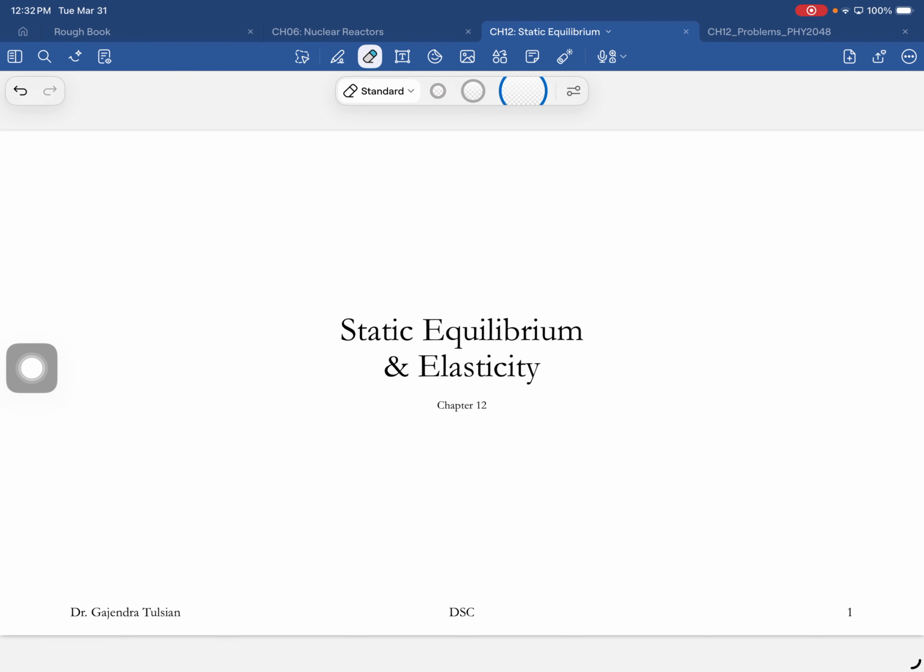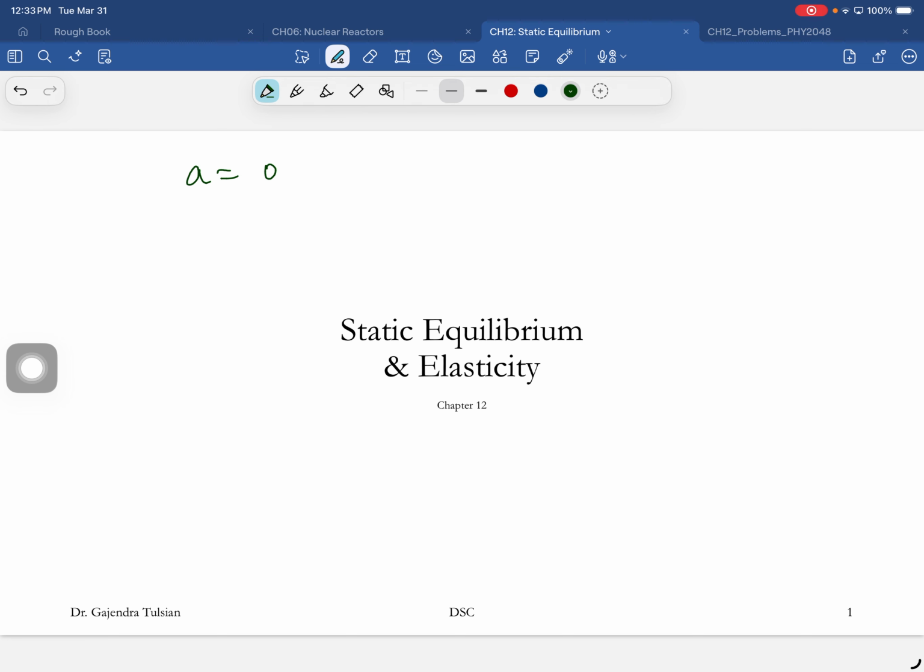Before I start, what does the word equilibrium mean to you guys? In our context, equilibrium means acceleration is zero.